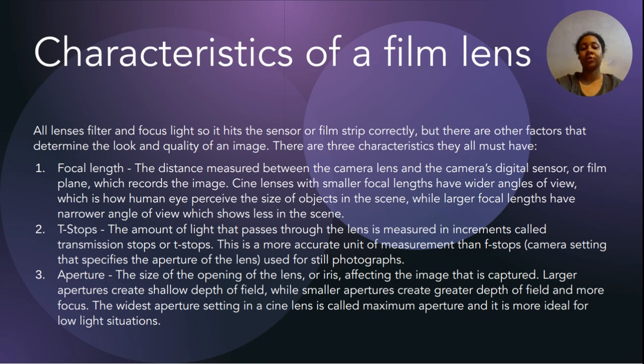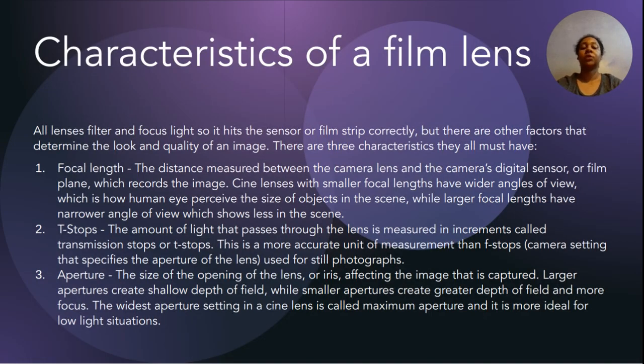So it's similar to how we see objects now. And there are different views, it depends on the angle as well. Having a larger focal length is a narrower view, so it shows less of the scene, compared to a smaller focal length, which has the opposite effect.